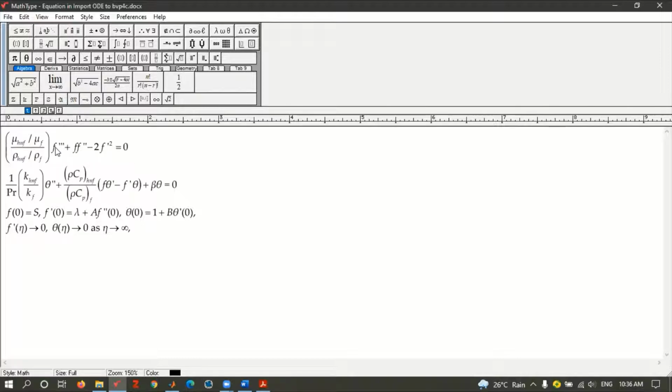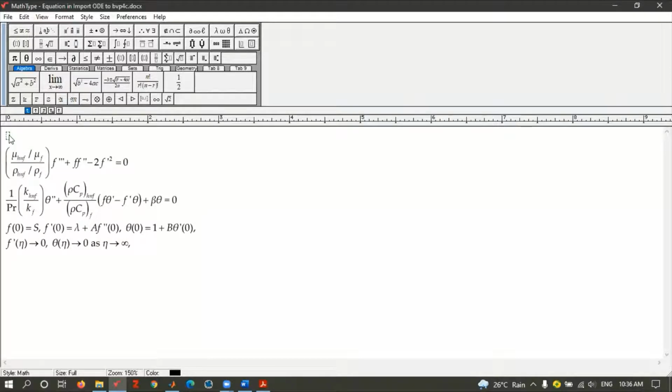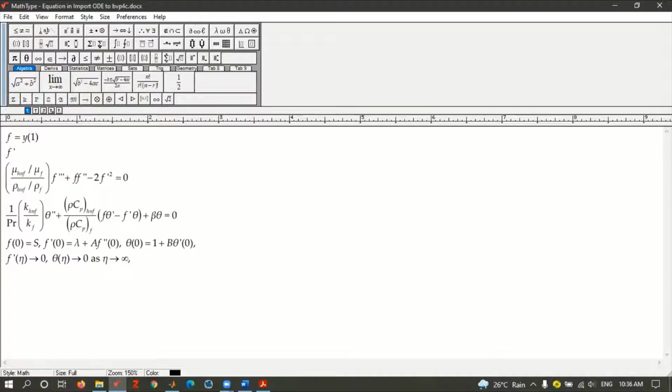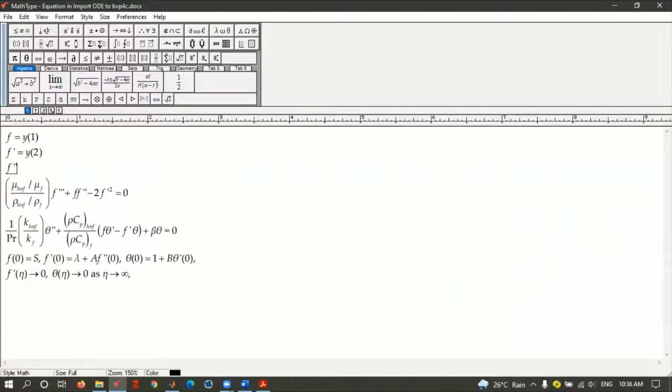So for f prime and f double prime, we need to assume them in terms of y. So here we assume f to be y1, then f prime equals y2, f double prime equals y3, and then f triple prime comes from this equation.